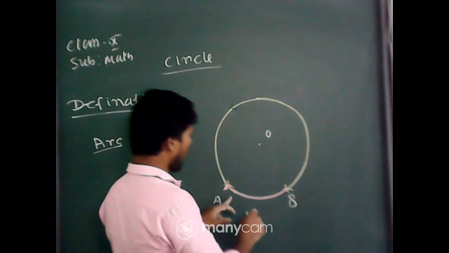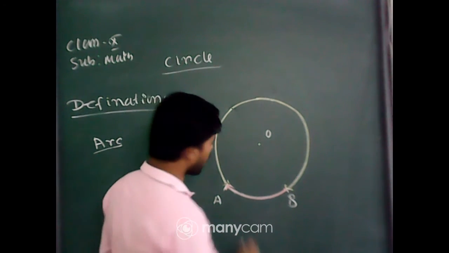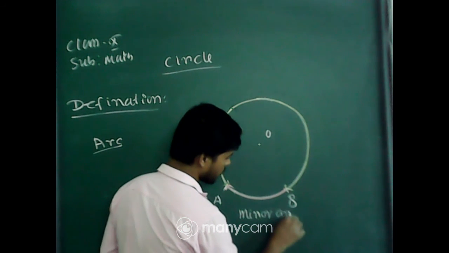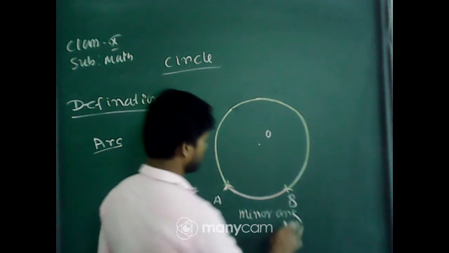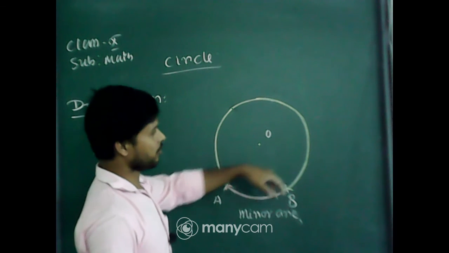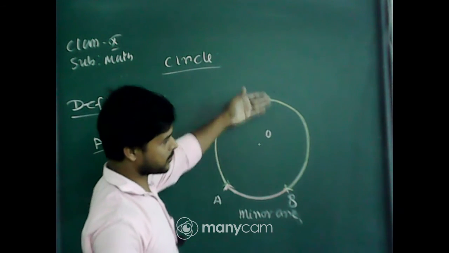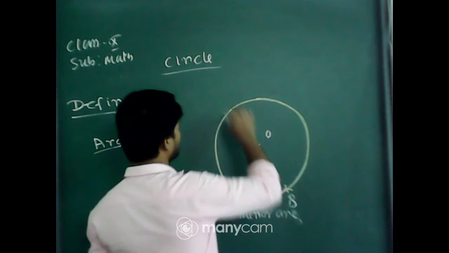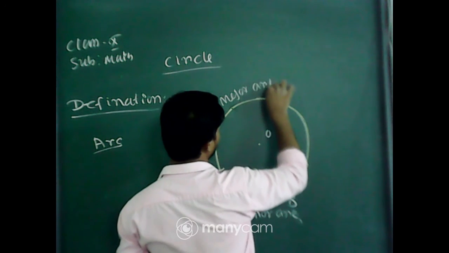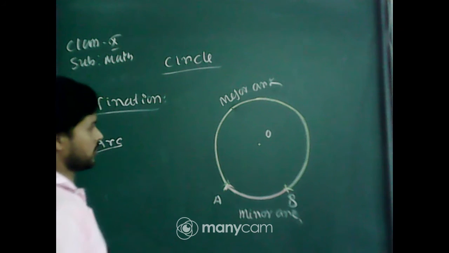The arc having the smaller measurement is called the minor arc. And the part of the circle having the greatest measurement, the longest measurement, is called the major arc. So this is the minor arc and this is the major arc.